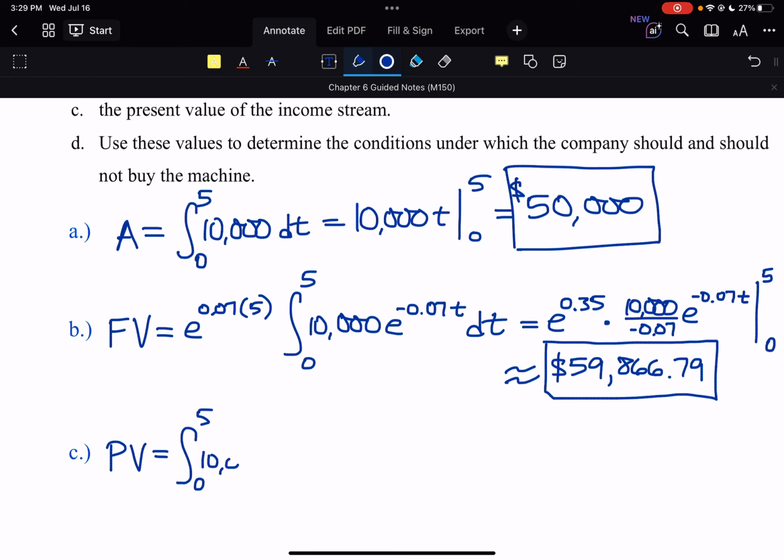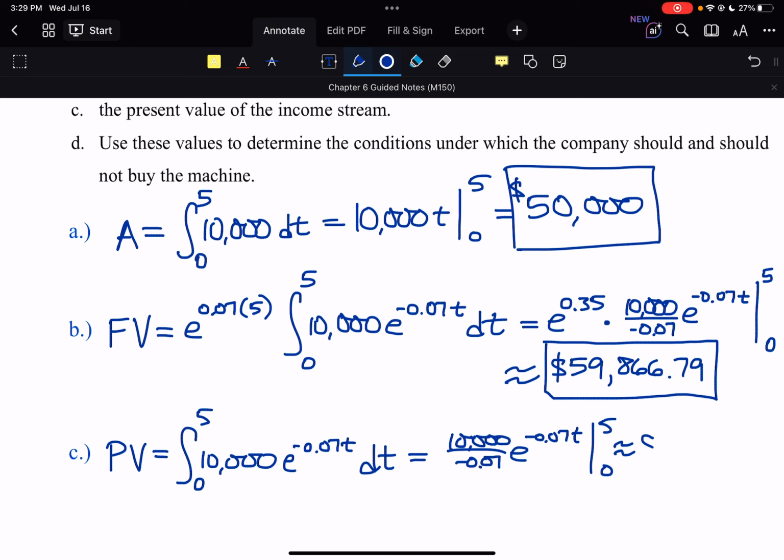So really, we've kind of already done this calculation once, just with this extra piece in front of it. So this one gives the other number. So this is $42,187.42.